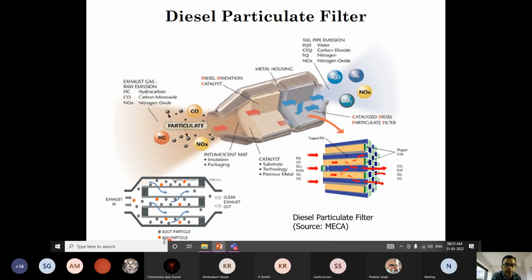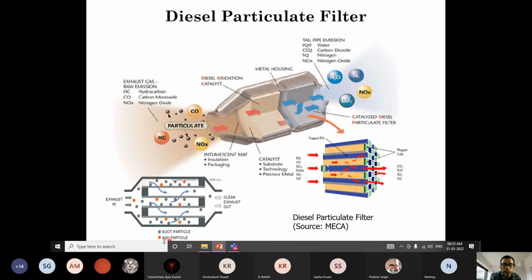That is what we covered. At that time itself, I also made a statement that pre-injection we do to improve the homogeneity of the combustion chamber and reduce the combustion noise, whereas post-injection is mainly effective from the emissions point of view. That is the reason why we do post-injection.